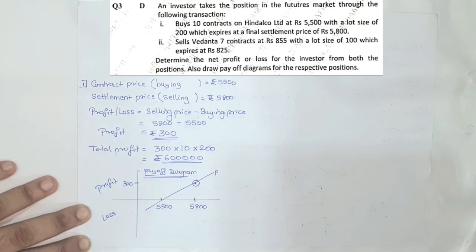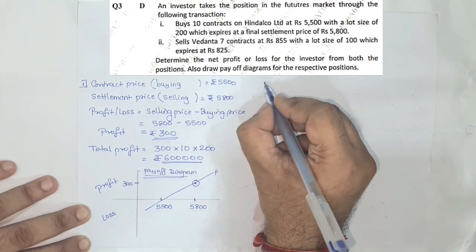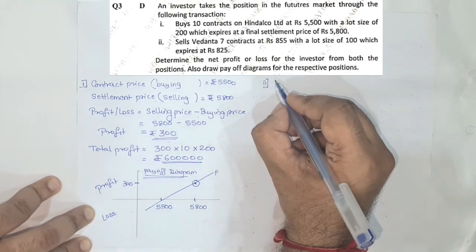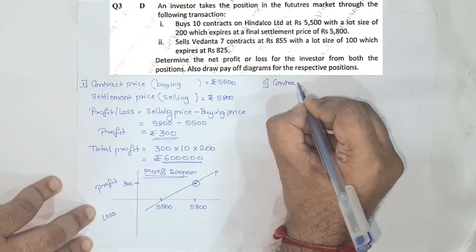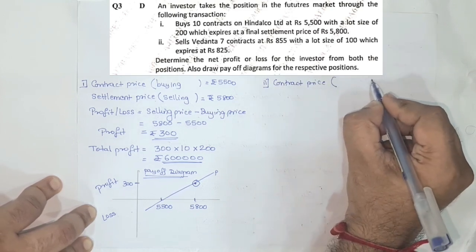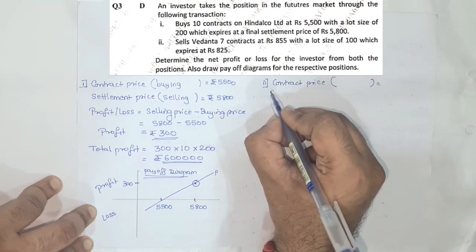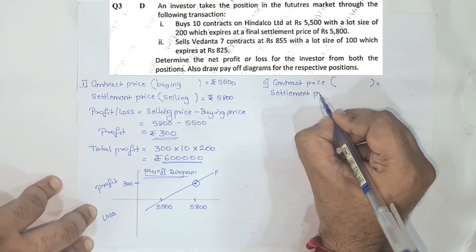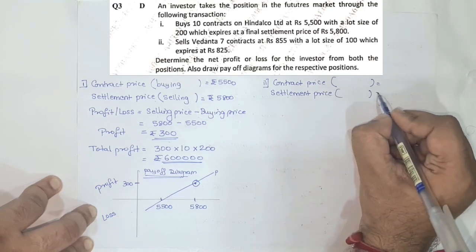Now, in the same way, let us try to understand the second part. Same stuff. First we always start with the contract. We write contract price, make a bracket and leave it because we don't know whether we are buying or selling. Below that we have settlement price. Again we make a bracket and leave it. Now we read the question.